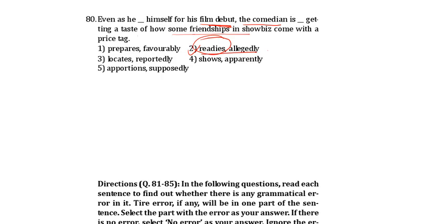Because he has come from a rich family, so many are giving offers to act in films. Price tag means rich family. So many film producers are offering the roles. Even though he didn't complete his first film, he is getting so many offers because he is from a rich family. So which one is correct? Second one is correct. See the next one.